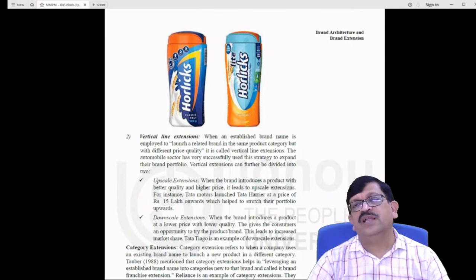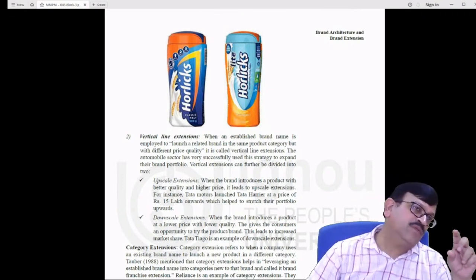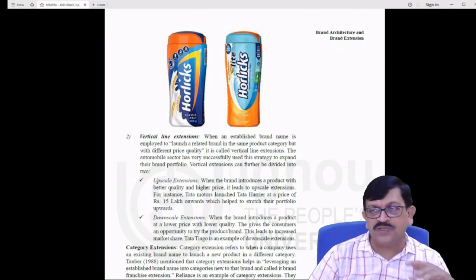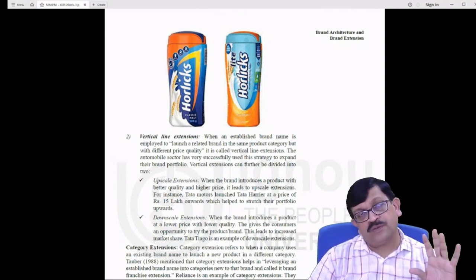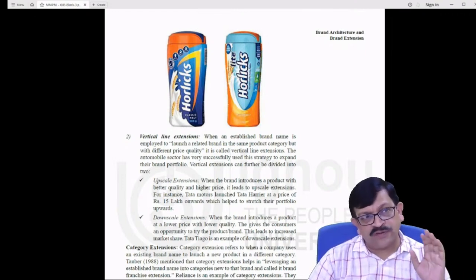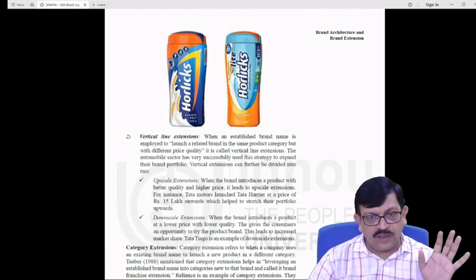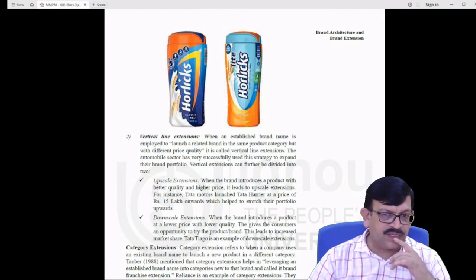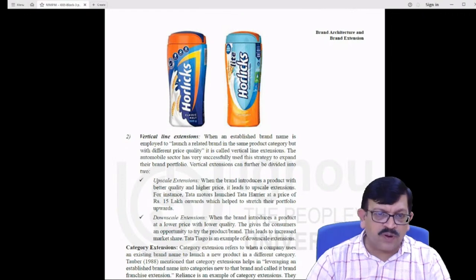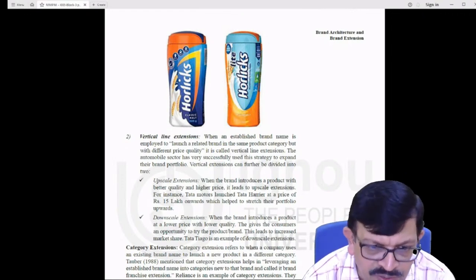Tata Tiago is a very good classic example where you stretch it down in terms of its features. Or you may keep the features the same, tweak some features, but launch it definitely under a lower price strategy than the other competitors in the marketplace. This is called a downscale extension.